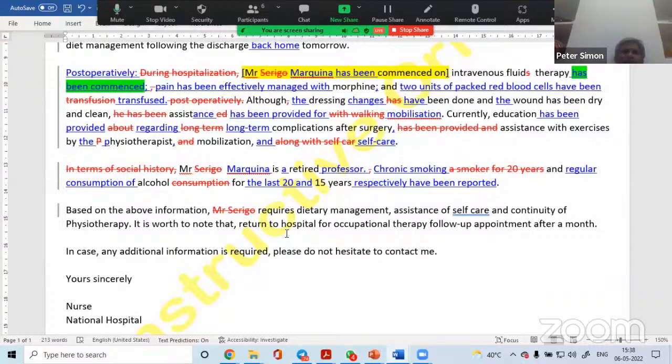Write in the first line, Mr. Sergio, the patient's name, and everywhere he. Because they don't know how to write passive voice. If you want to write like that, write, and get less score. OET prefers passive voice.